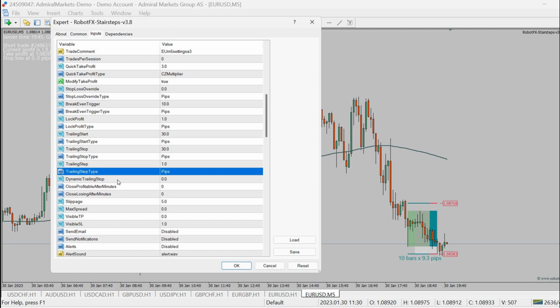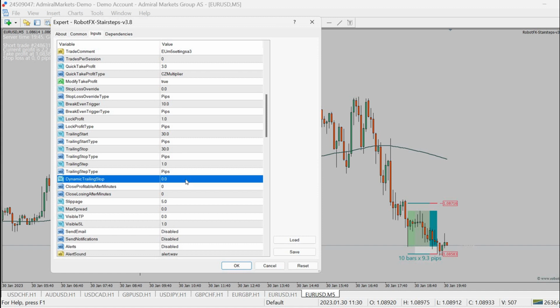There is the possibility to enable a dynamic trailing stop. Setting it to 0 again disables the dynamic trailing stop. We can close profitable trades after a certain number of minutes since they opened. So maybe you don't want to rely only on the trailing stop, stop loss and take profit to close profitable trades.